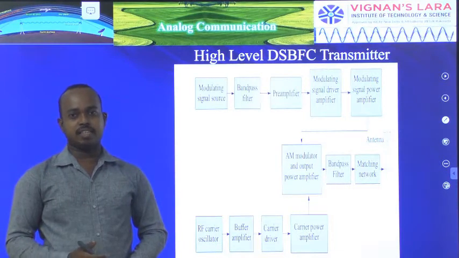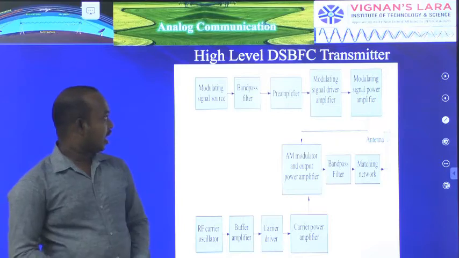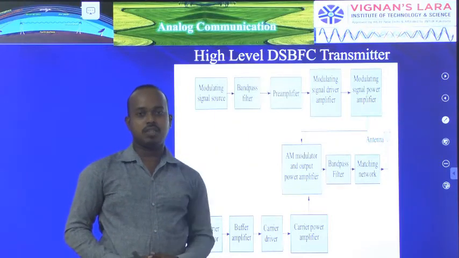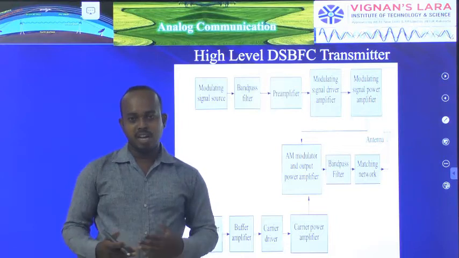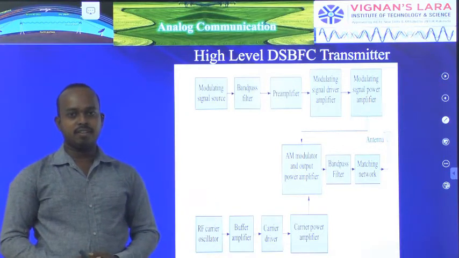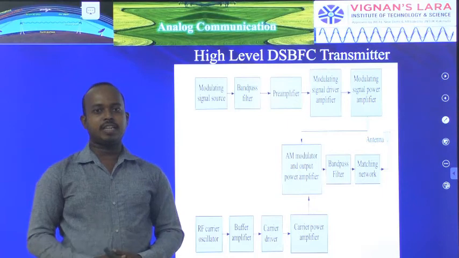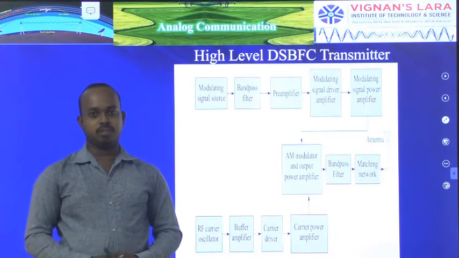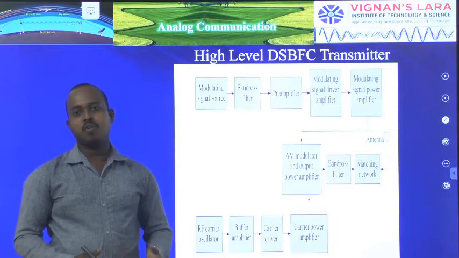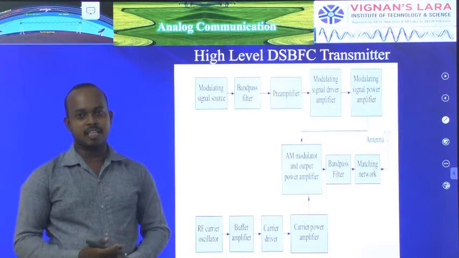Coming to the next category, the AM transmitters DSB-FC technique. Suppose you take the SSB. By using the SSB technique, we have the SSB pilot carrier and SSB normal transmitter. In that, how the transmitter techniques are discussed.